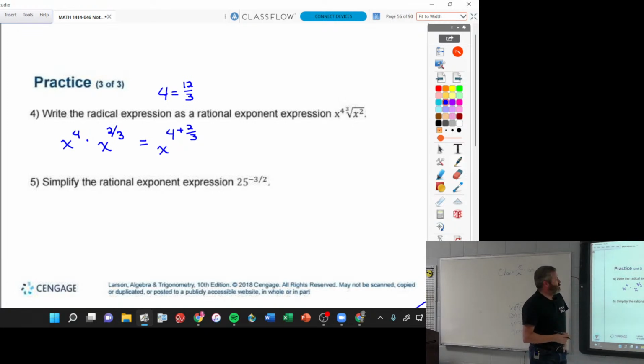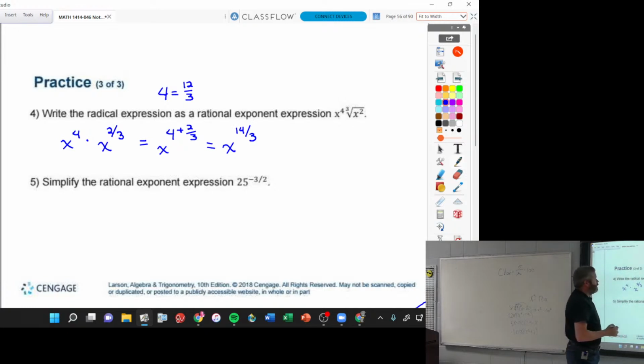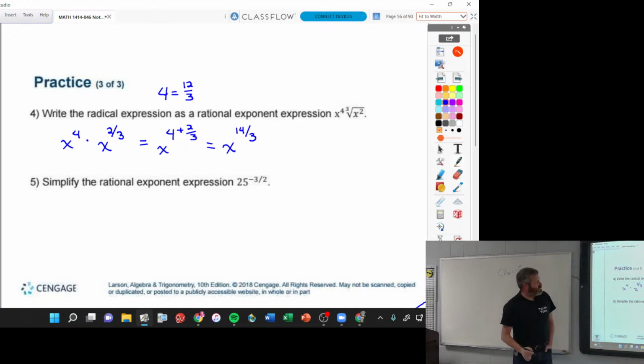I have 4 plus 2/3. 4 would be the same thing as 12/3, right? So 12/3 plus 2/3 gives me x to the 14/3. So I started with a radical expression and I've ended up with a rational exponent expression. 14 over 3 does not reduce, so I'm done with that one.